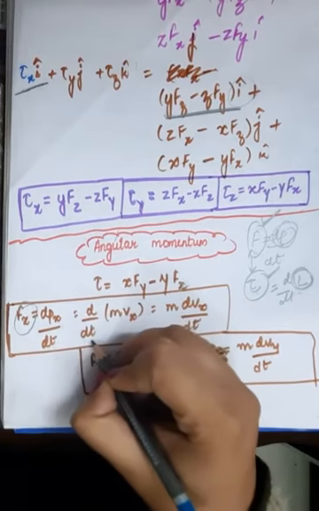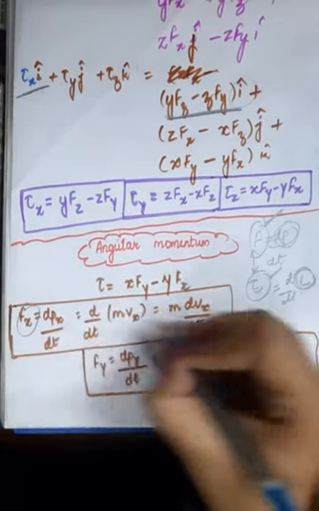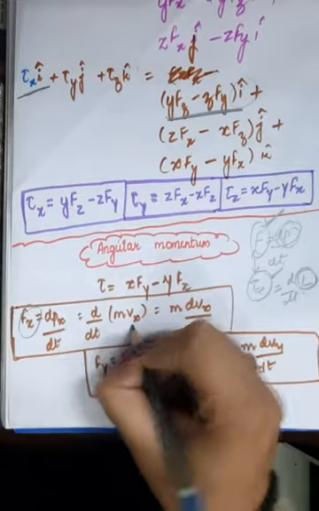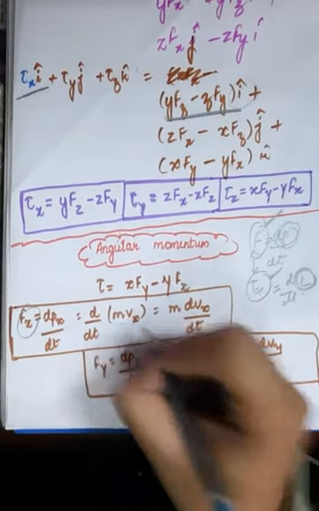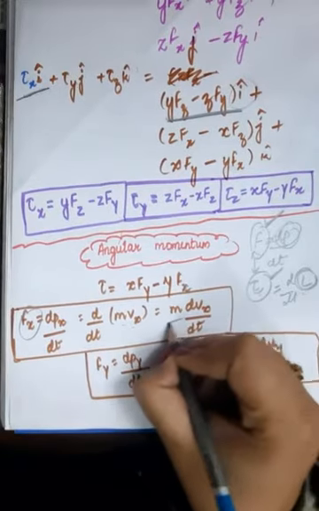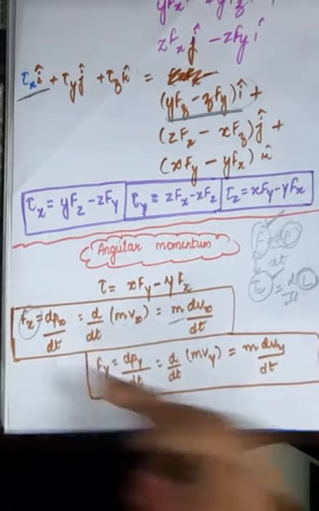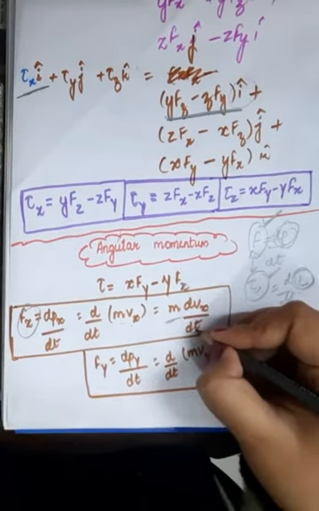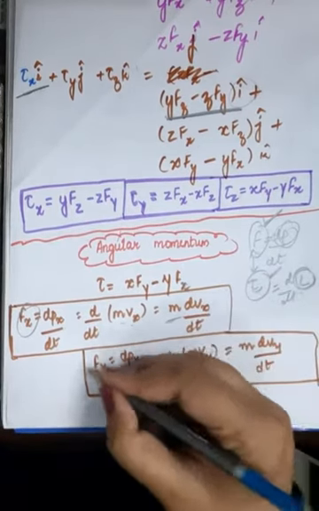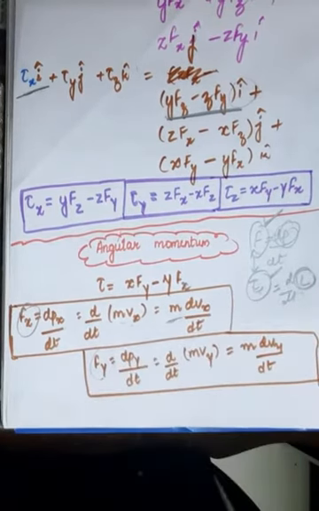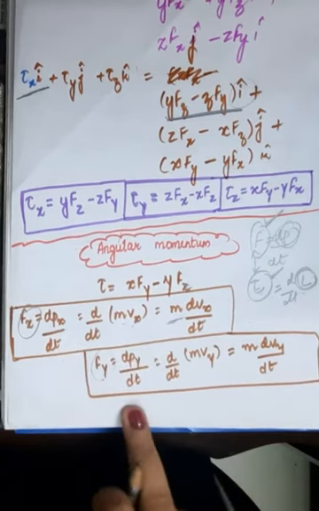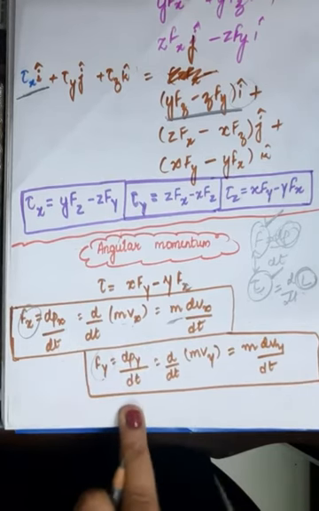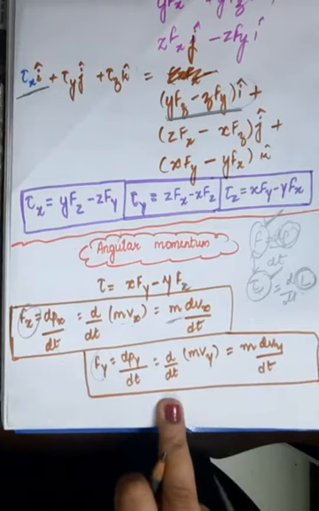d/dt will remain as it is, and in place of px, we'll write mvx, mass into velocity, because linear momentum is nothing but mass into velocity. Mass can be taken constant out of the differentiation, and we get m dvx/dt. Same way, Fy, the force in y direction, is equal to dpy/dt, so d/dt remains as it is.